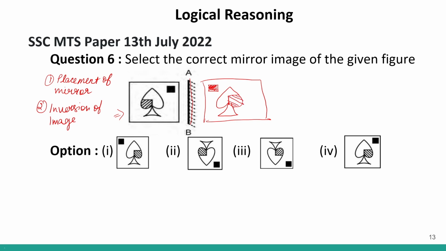This is how it will be shaded. So simply by looking, I can eliminate option number 2 and option number 3. Because the mirror is placed over here, the image will come like this. And we have the square over here and this image is like this. Sorry, I'm not very good at drawing, but you get the idea. And this image will look like this. Option number 1 will be the correct answer. Okay?